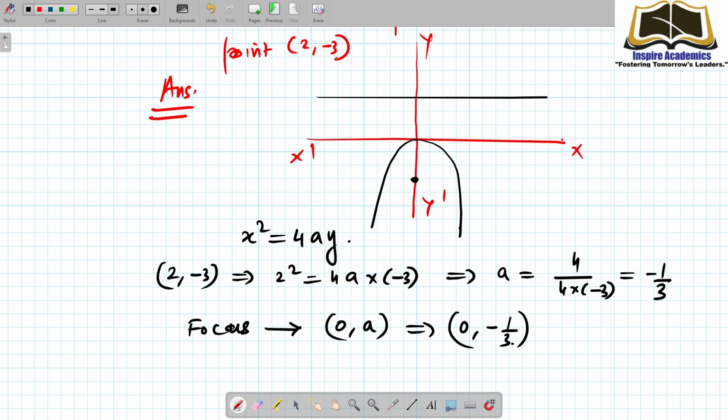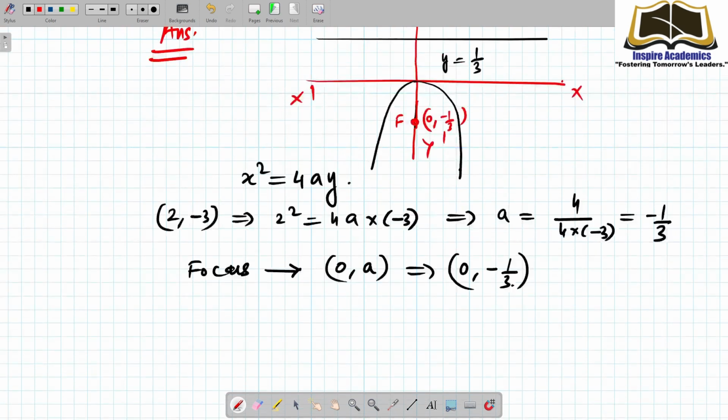So directrix would be y is equal to 1/3. So here -1/3, ये हमारा focus हो गया F.